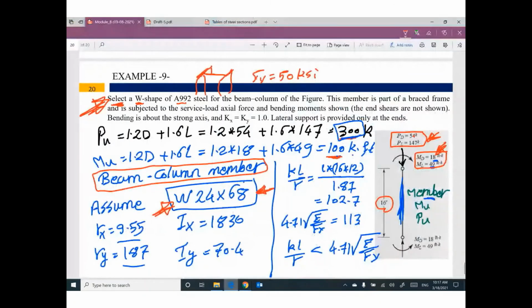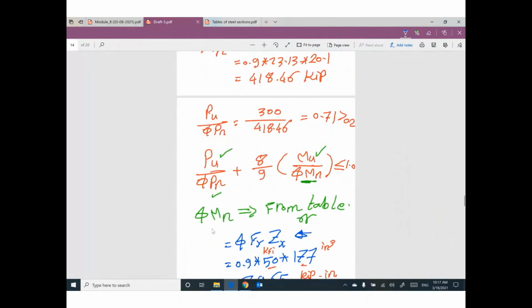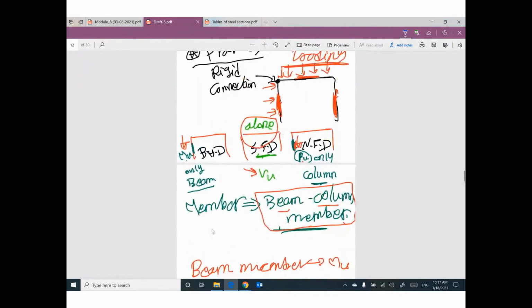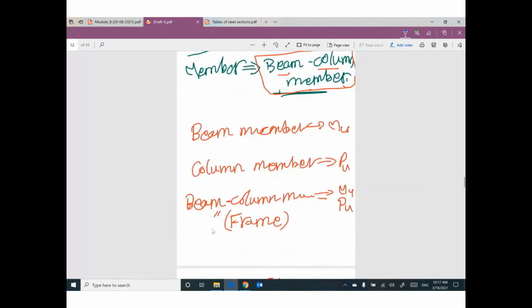Okay, so guys, if you are designing any steel member, you have to decide before starting where you are. Do you have M ultimate only? Then please go ahead and use the steps for beam design. Do you have P ultimate only from structural analysis? Then follow the rules for column design.